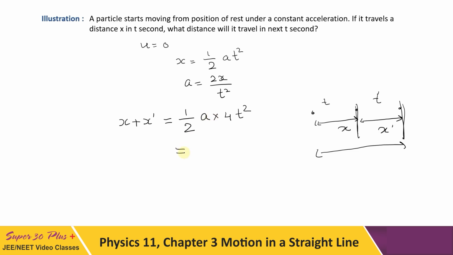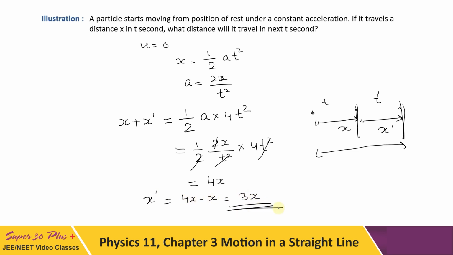That will come out as 1 by 2, in place of a you have to write 2x upon t square, into 4t square. These two got cancelled, 2 got cancelled. You get the value of 4x. So x dash, which is the distance travelled in the next t seconds, will be 4x minus x, which is equal to 3x. This is the distance travelled in the next t seconds.